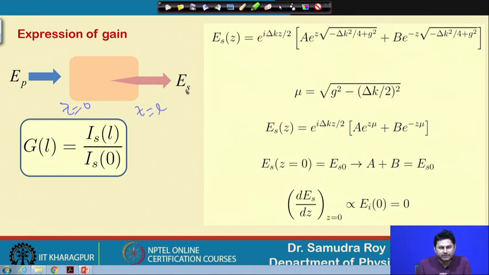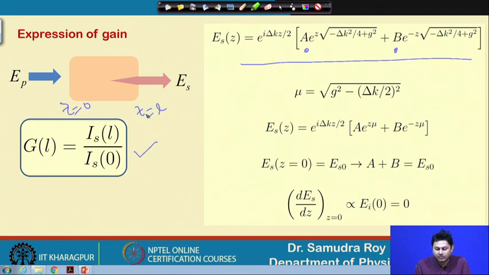How much it is amplifying is quantified by the ratio of these quantities: the value of the intensity of the signal at z equal to L, and the value of the intensity of the signal at z equal to 0. These two ratios basically give us GL. In order to do this, ES is in our hand, but I do not know what my A and B are. So, we need to find an expression of G, and GL means this is at L distance.